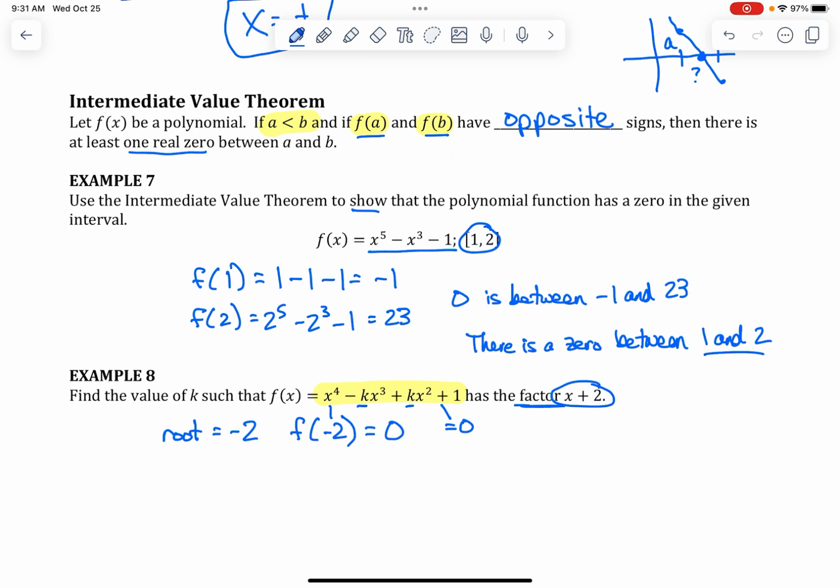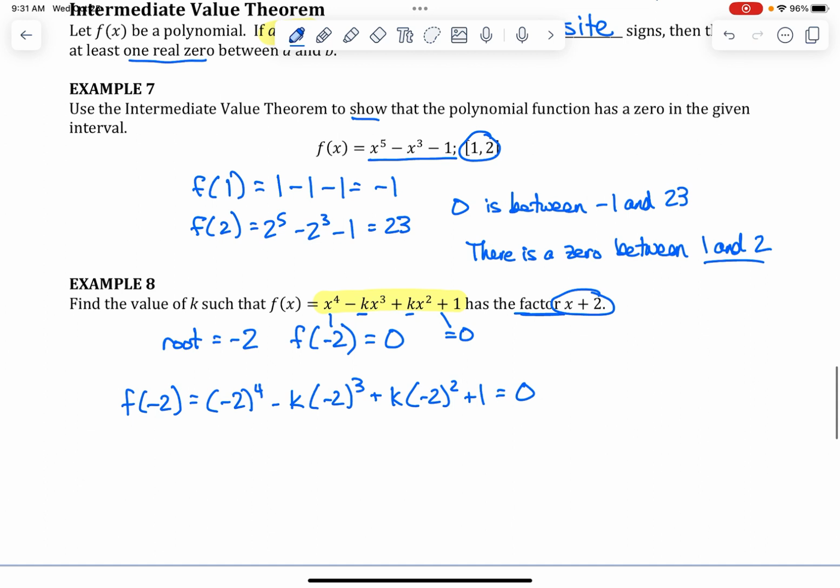So what we're saying is f of -2 equals -2 to the 4th minus some value k times -2 cubed plus some value k times -2 squared plus 1. And that equals 0. And now you simplify.